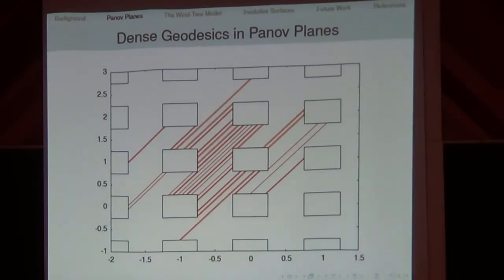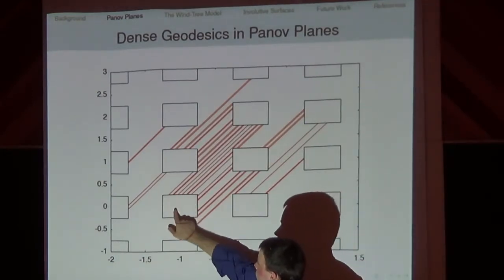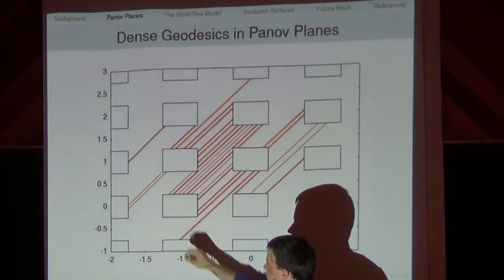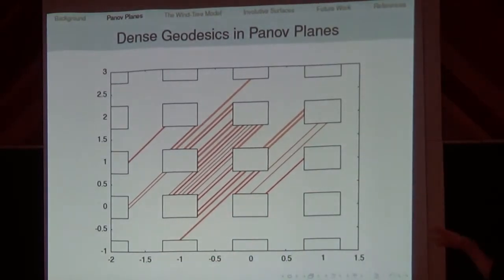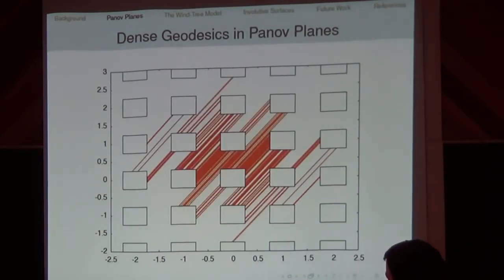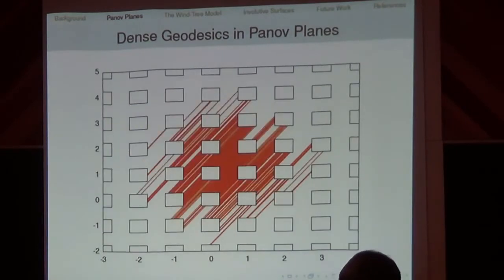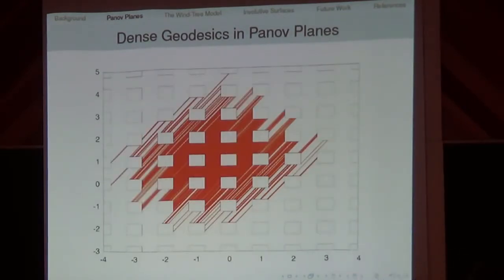So here is my Panov plane where I fold both legs of the L. And this geodesic starts right here, just above this obstacle centered at 0, 0. This is the first 100 reflections of this trajectory. Here's the first 1,000, 10,000, and 100,000 pieces of the trajectory.